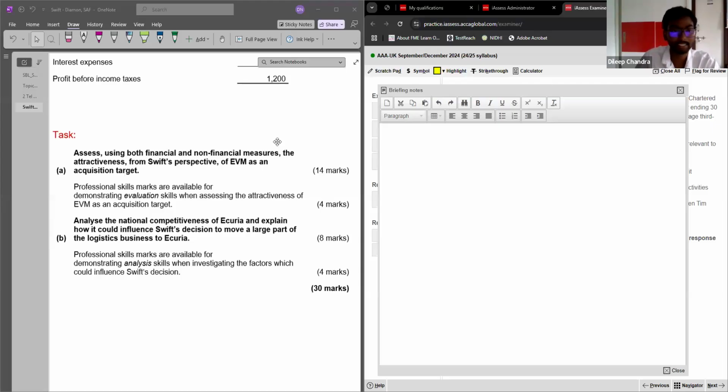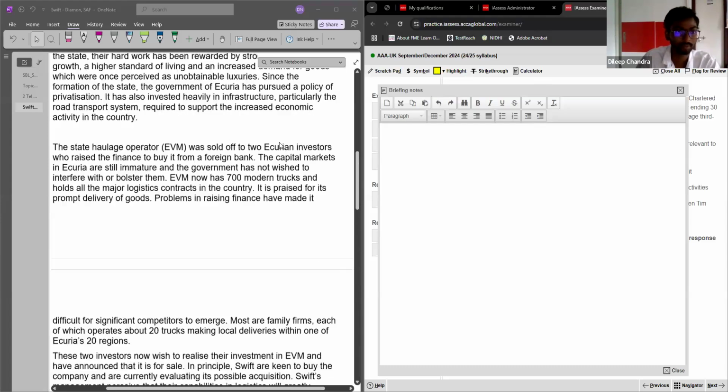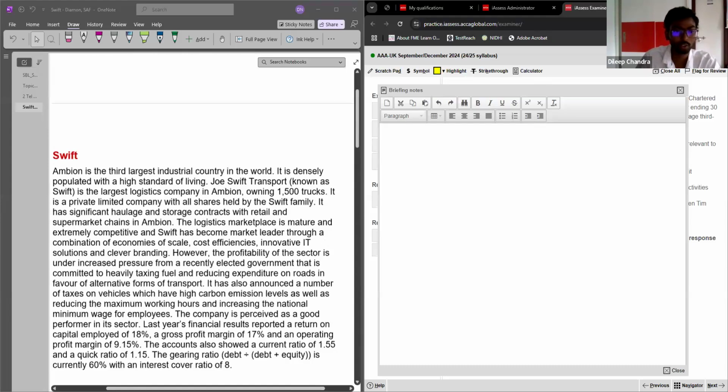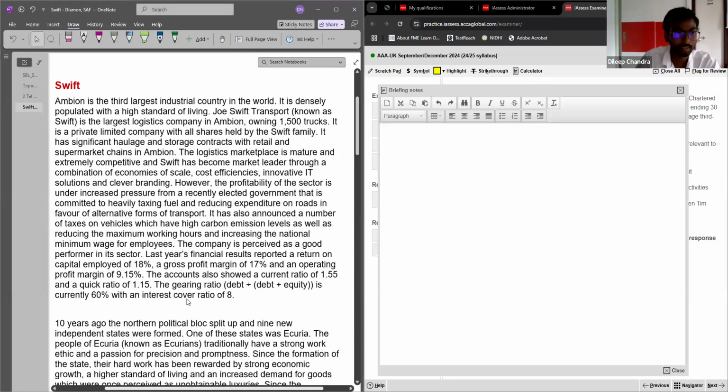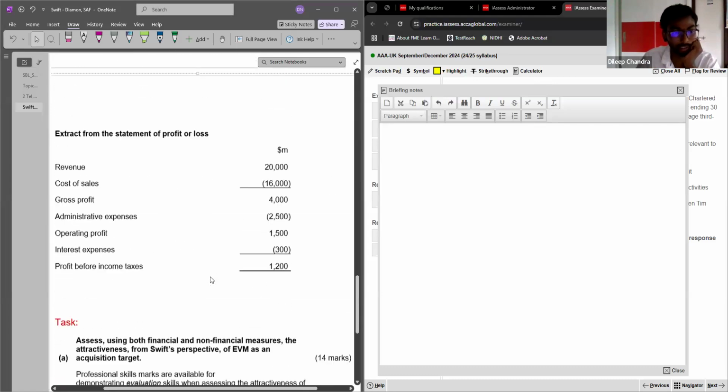All right, then we'll start with this question, which is Swift. Just like any other question, when you come across this case study question, the first thing you have to do is not to read the case study, but to read the requirement. Why?